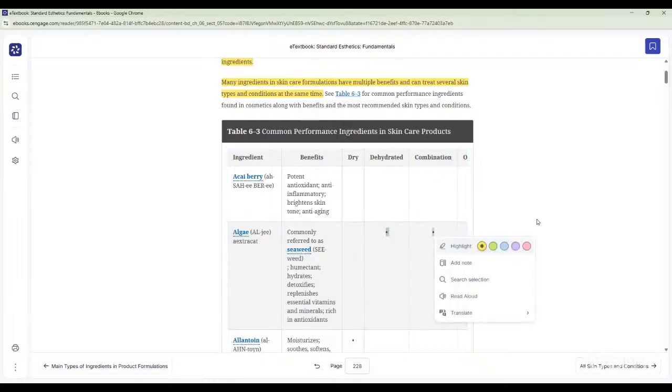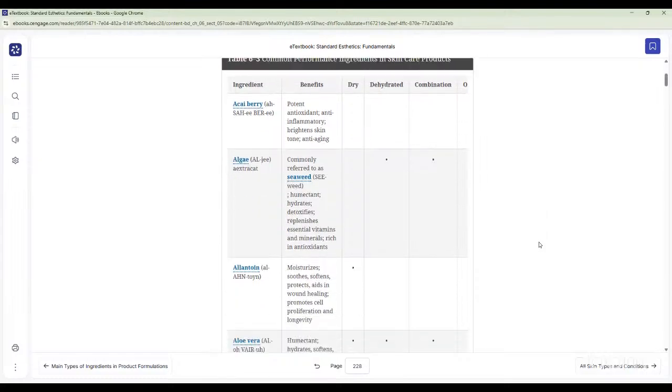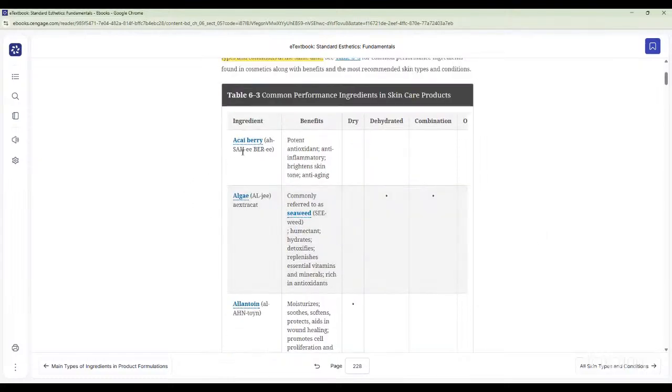Okay. When we look here, it says common performance ingredients in skincare products. These are performance ingredients. So I see a berry, the benefits: potent, antioxidant, anti-inflammatory, brightens skin tone, anti-aging.